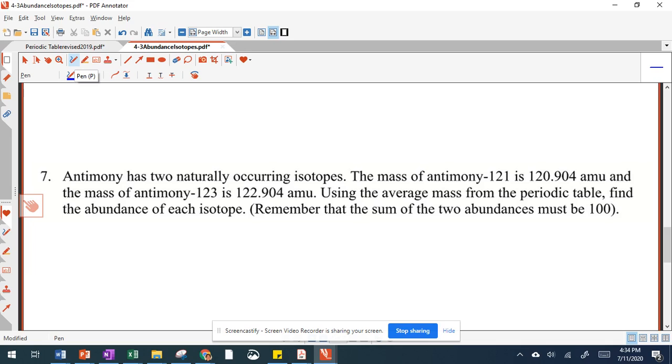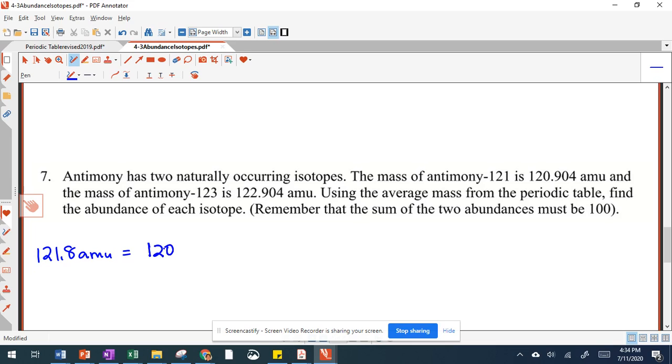So we're going to have to work backwards using our periodic table. If we look at the periodic table, we can find antimony's average atomic mass, which is 121.8. So we have 121.8 AMUs, and we're going to equal that to the mass of each of the isotopes.